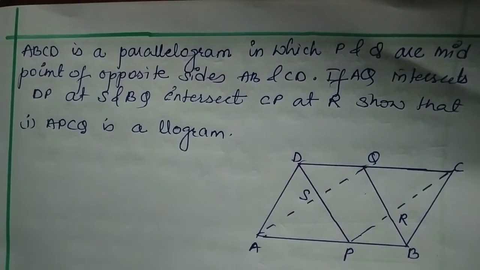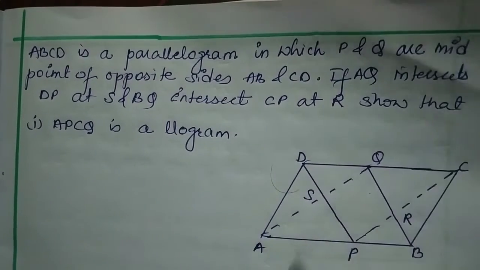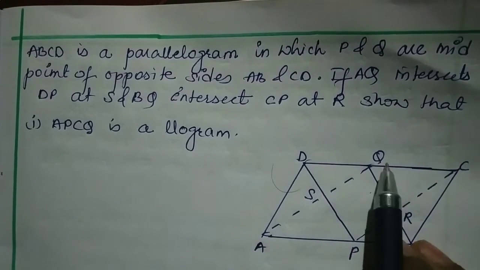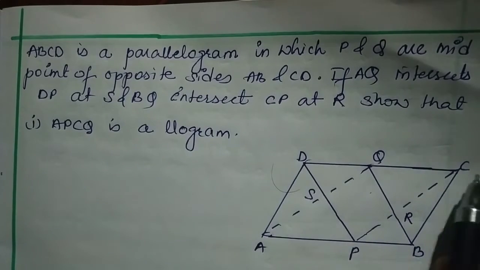Now let's see the next question. ABCD is a parallelogram in which P and Q are the midpoints of sides AB and CD.